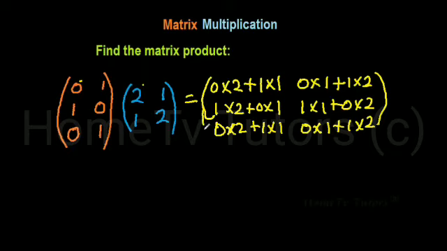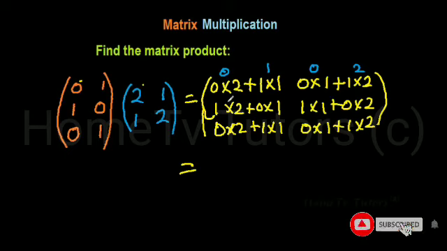So now let us work this out. 0 times 2 is 0, 1 times 1 is 1, 0 times 1 is 0, 1 times 2 is 2, 1 times 2 is 2, 0 times 1 is 0, 1 times 1 is 1, 0 times 2 is 0, 0 times 2 is 0, 1 times 1 is 1, 0 times 1 is 0, 1 times 2 is 2.